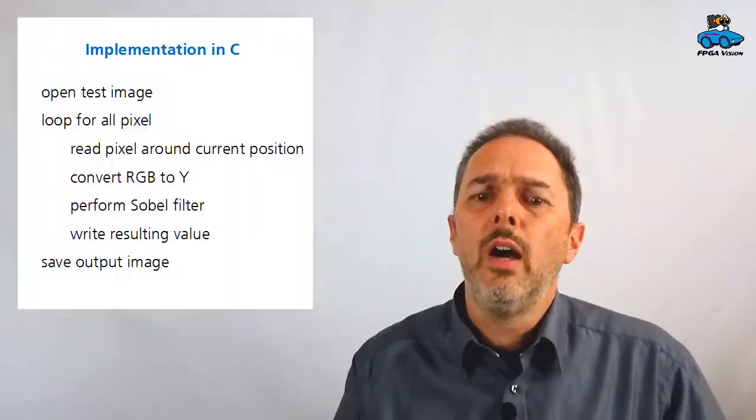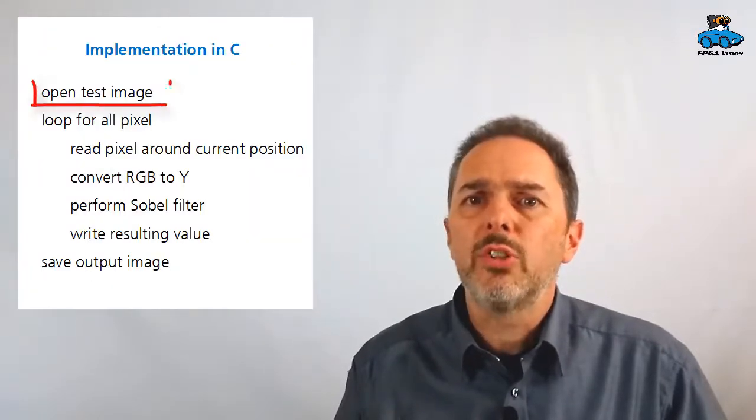So the next step would be an implementation as a C program. We take our test images and we let this algorithm run for a number of test images. And this is exactly what I have prepared for you. So you have a C file which does the following processing.